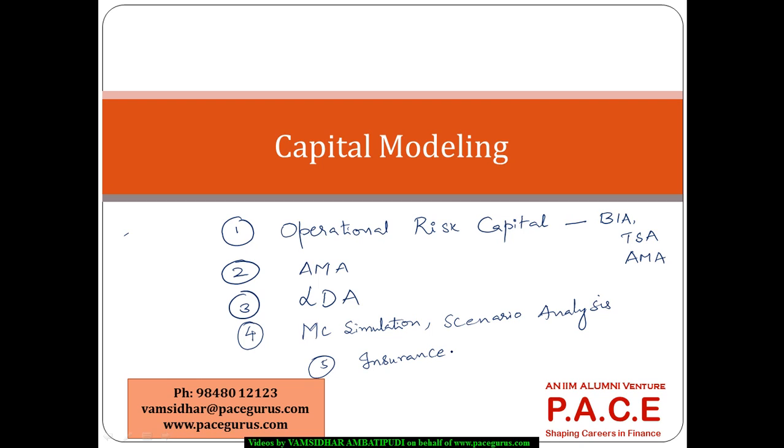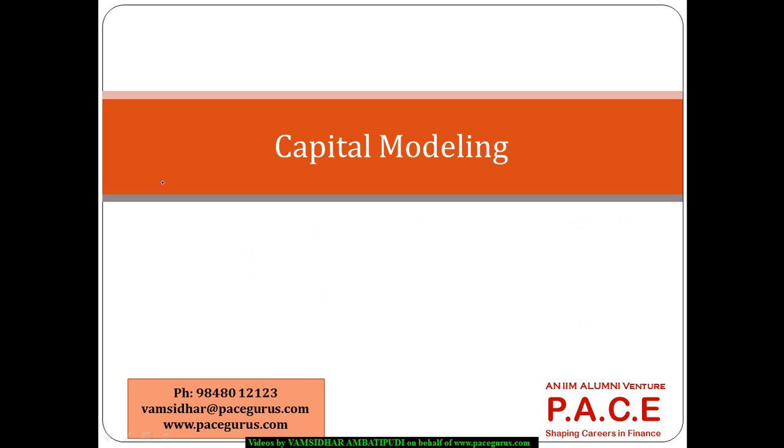So, initially to get started, I would look out from the perspective of the Basel 2. We know according to Basel 2, there are three major mechanisms that are being suggested for operational risk capital, right? To evaluate or to compute operational risk capital, we have either the basic indicator approach, the standardized approach, and the advanced management approach.